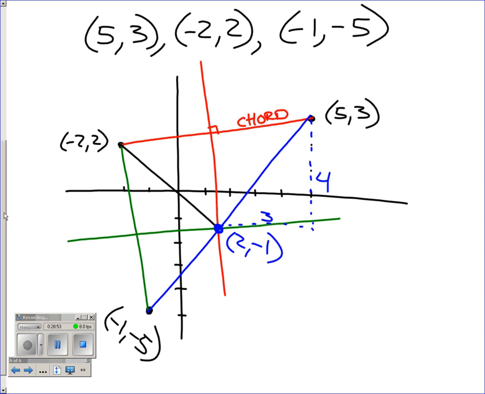And if you remember our Pythagorean triples, that's a 3, 4, 5. The 5 is the hypotenuse of that right triangle. That's the radius of the circle.